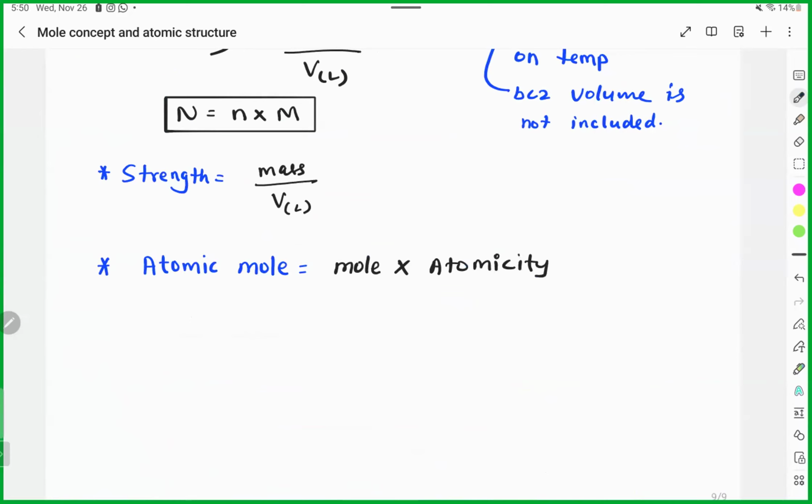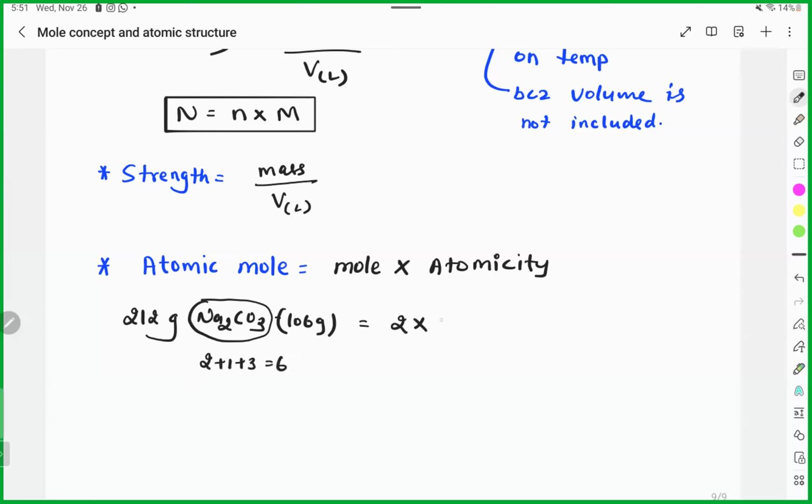Okay. Example, in this question, there was 212 gram of Na2CO3, right? First option. And molar mass was 106 gram. This is molar mass. How to calculate? Number of moles are 2. What is the atomicity? 6. How? 2 sodium, 1 carbon and 3 oxygen.